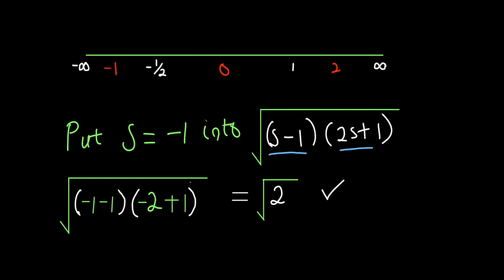Why did we say that it is valid? Because square root of 2 is greater than or equal to 0. So, looking at this boundary, this further explains to us that this interval is valid.